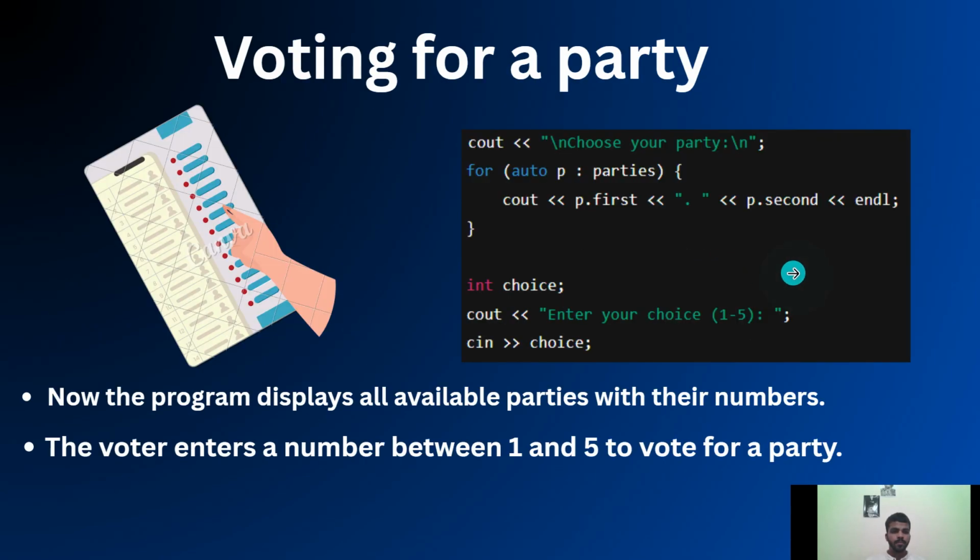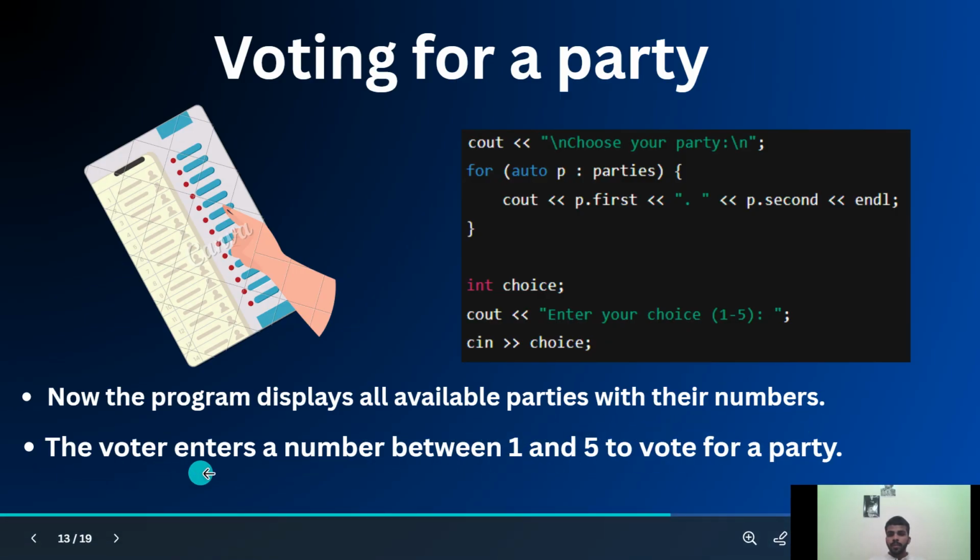In the next slide I will explain voting for a party. It asks you to enter your choice from 1 to 5. The program asks the user to choose a party and displays all available parties with their numbers. The voter enters a number between 1 and 5 to vote for a party.